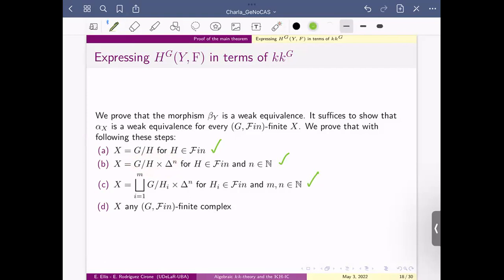And the last one, in the general case, we proceed by induction on the dimension of X. What we use here is the Mayer-Vietoris property in the homology theory and the excision property on the side of KKG.